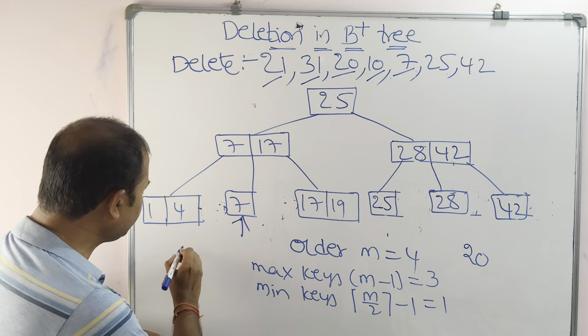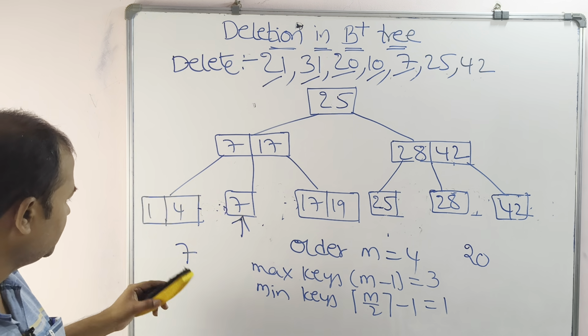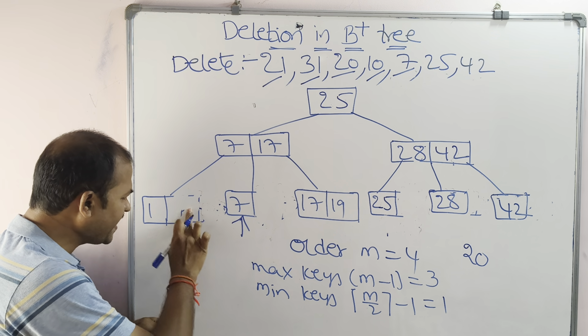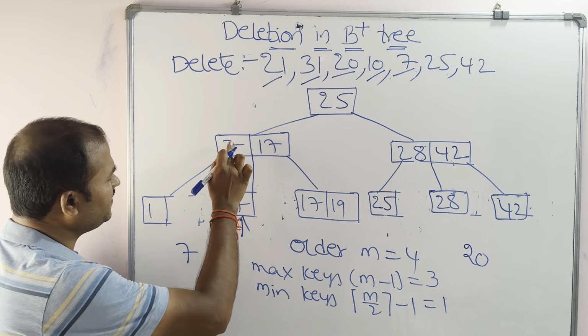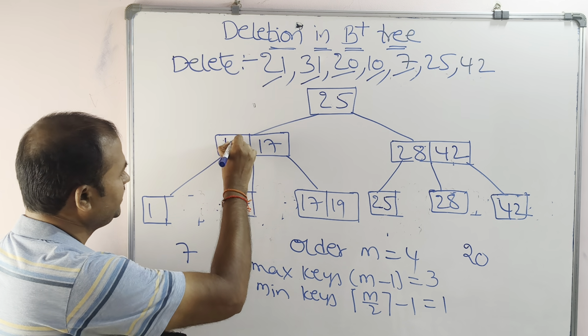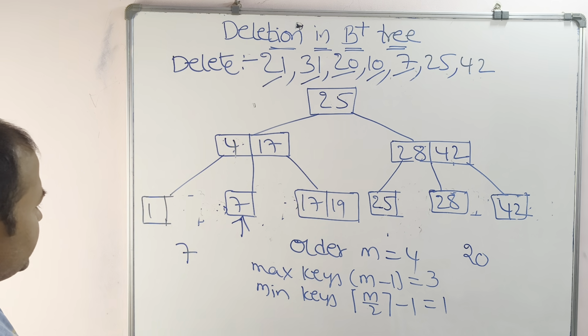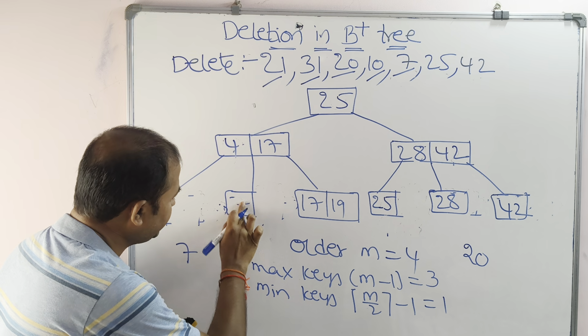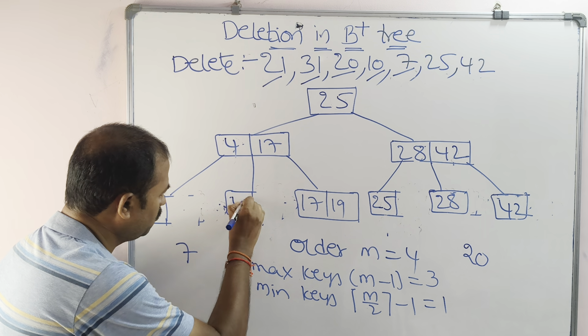Here which node are we removing? Here we are removing the key 7. So what is the maximum value here, out of 1 and 4? So 4 is the maximum value. So transfer that value to the parent. Here we are removing 7. So let us remove that 7 and transfer the parent to the target node 4.